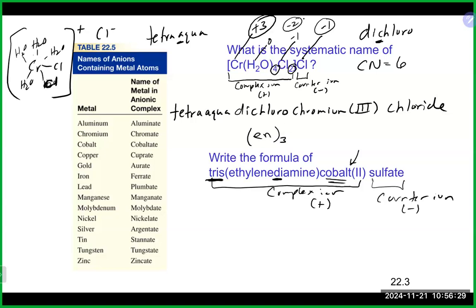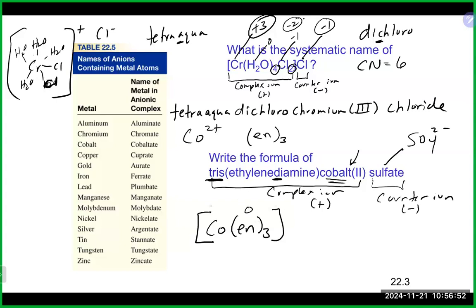We have a cobalt that has a +2 charge, which is what the Roman numeral means. And we have a sulfate, which is a -2. So basically our complex ion part is this, a little Co, a little en3. That means that our complex ion in this case, this is no charge, this is +2, so our complex ion is carrying a +2 charge at this point.